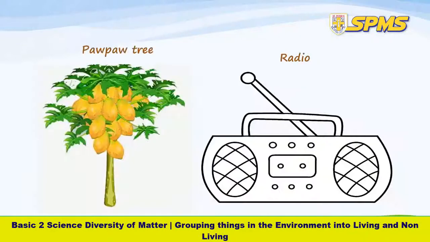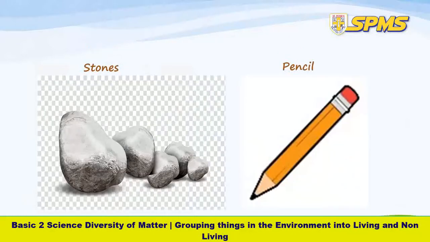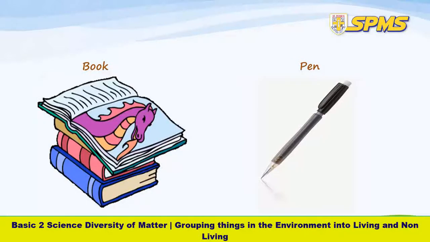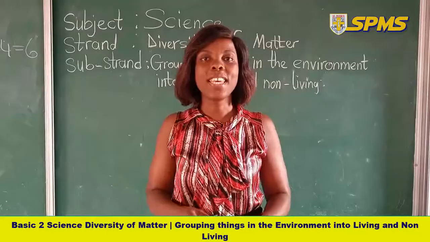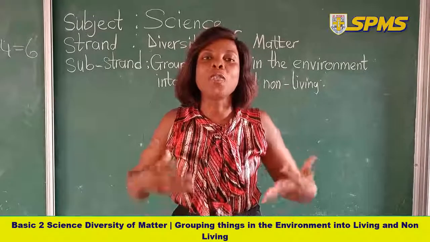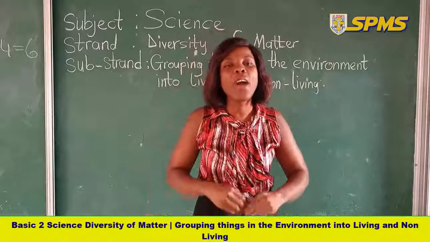Car. Pawpaw tree. Radio. Stones. Pencil. Books. And finally, pen. These are examples of things you can find in your environment.